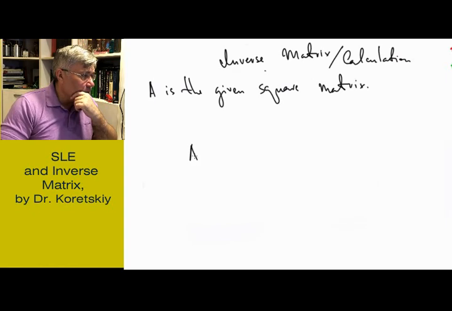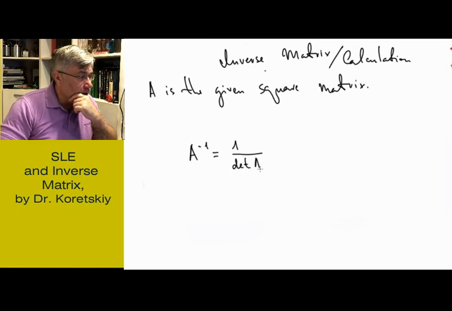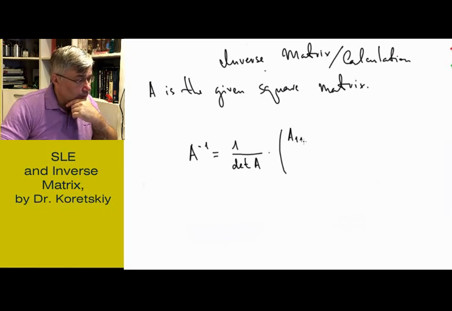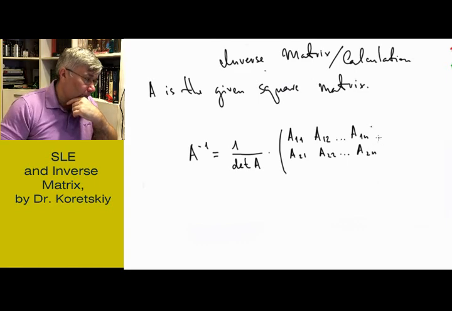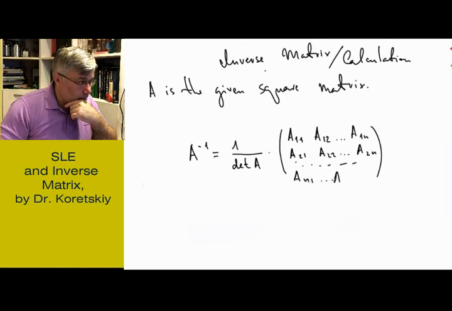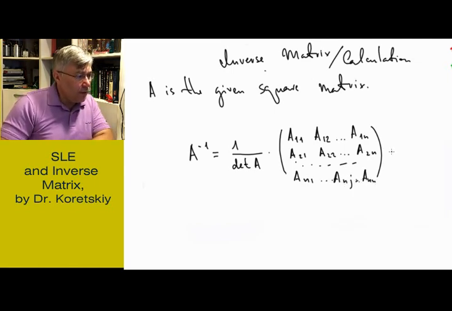Inverse matrix can be calculated according to this formula: 1 over determinant of the matrix A times the matrix which consists of the cofactors of the matrix A, but this matrix should be transposed before the use it as inverse matrix.